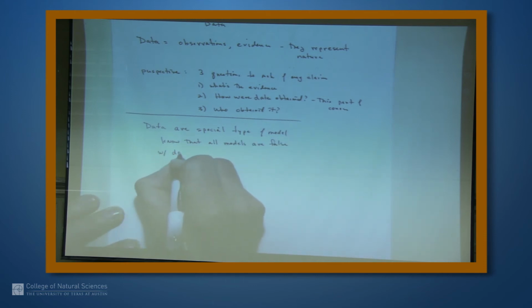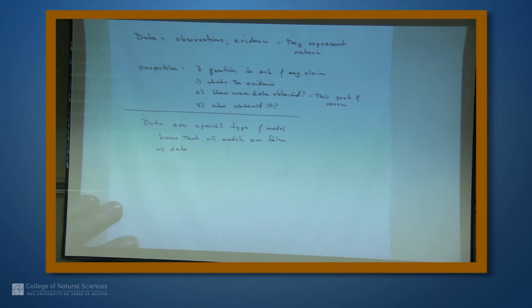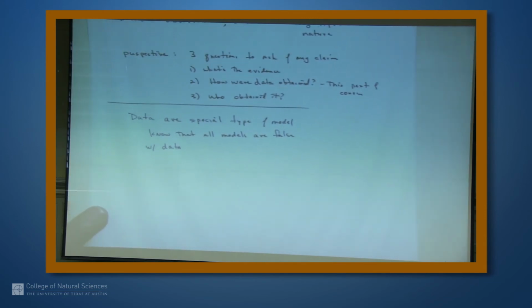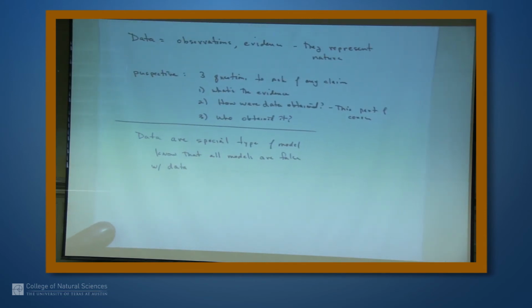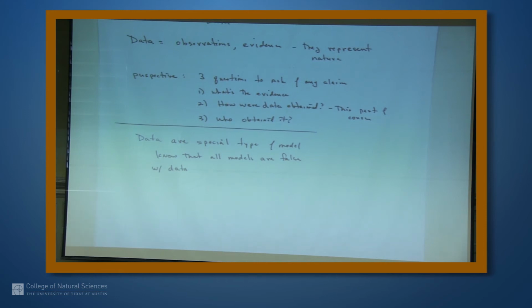So with data, that W slash is with. It means that data often differ from what we think they represent.